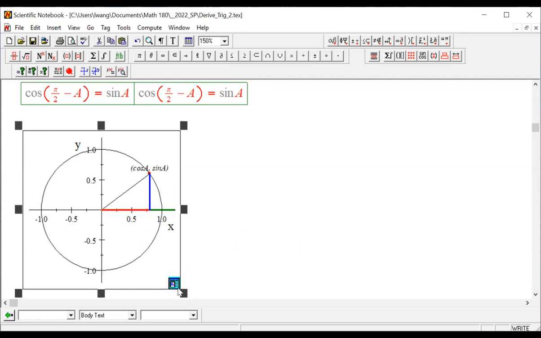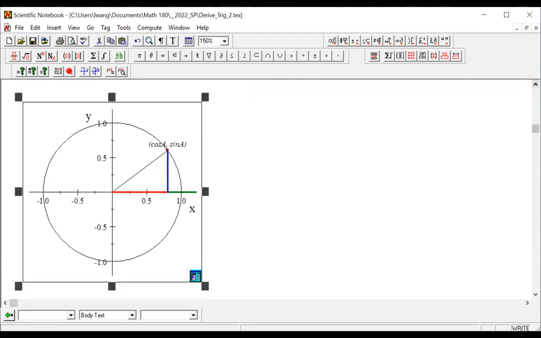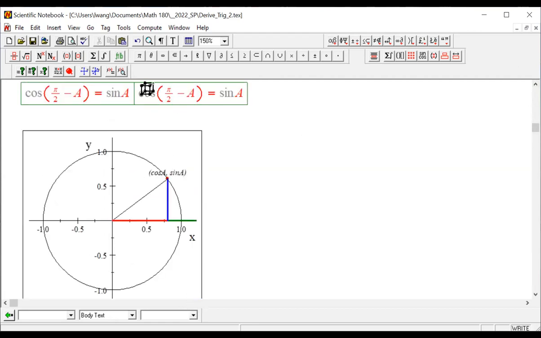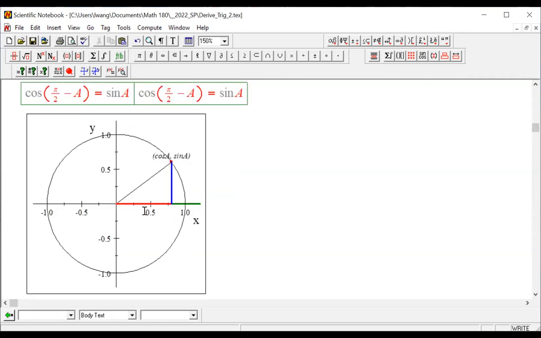What it means is that on this unit circle, we have a terminal side in the first quadrant, and we have an angle, provided that this piece is A. Because this is a right triangle, here this is 90 degrees.